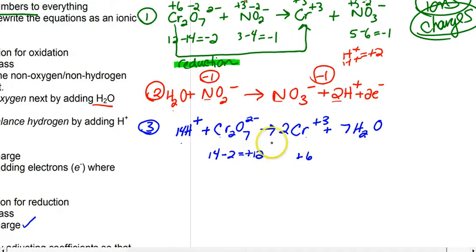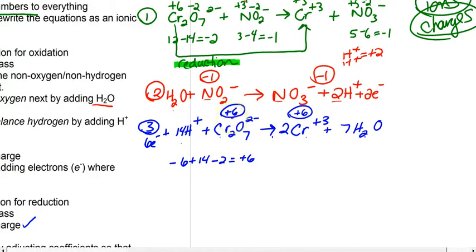Now, you cannot become more positive, but you can become a little bit more negative by adding electrons. So I'm going to try to balance my left side so that it also equals plus 6. What could I do then? I can now add, over on my left, 6 electrons, because minus 6 plus 14, minus 2 will give me plus 6.